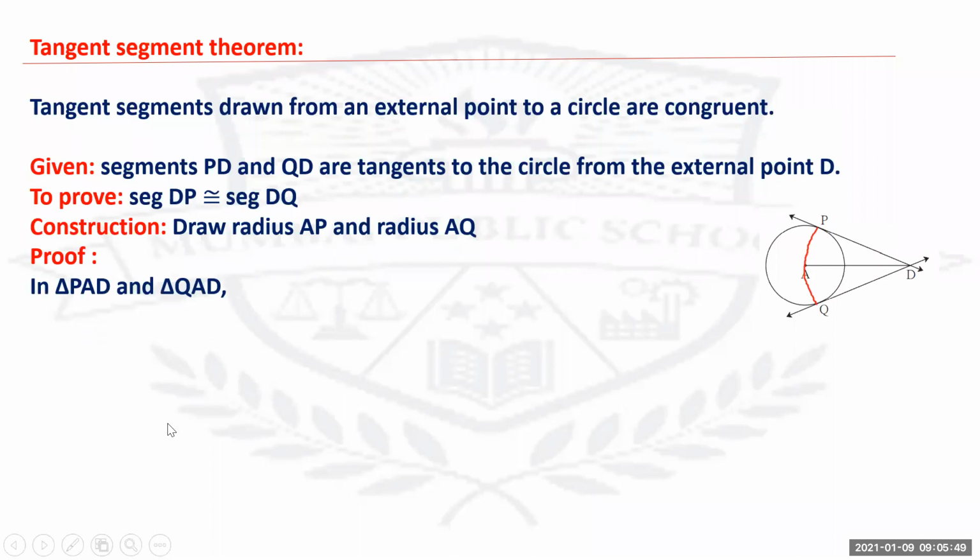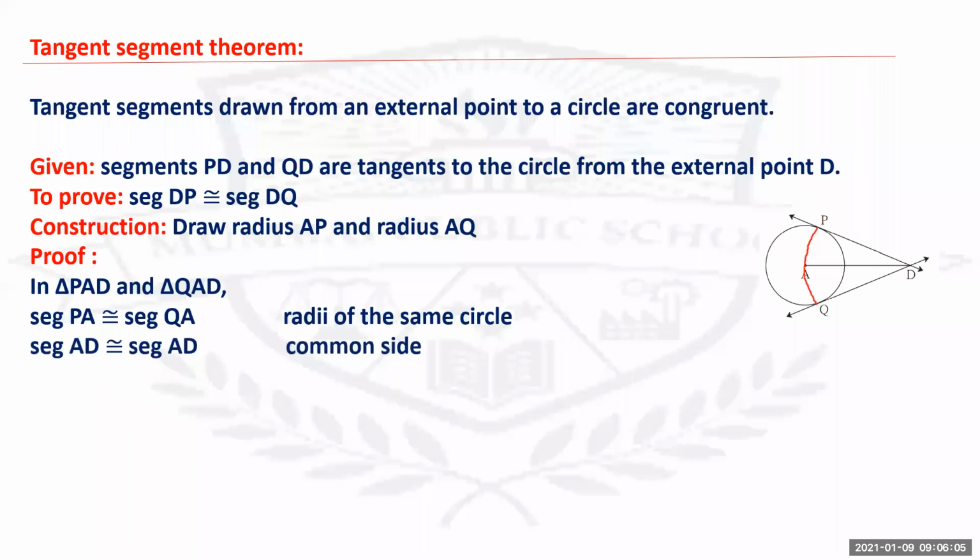So in triangle PAD and triangle QAD, you will get segment PA congruent to segment QA. These are the radii of the same circle. Segment AD is congruent to segment AD. This is the common side.